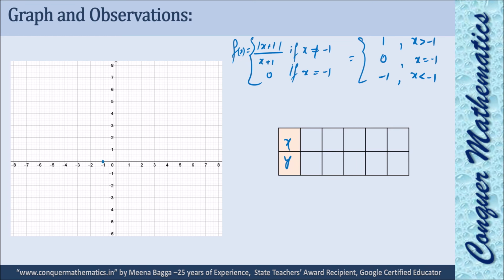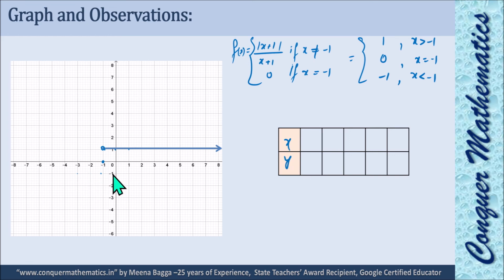At any point right of -1, it will be 1. Here itself 1, here itself 1, here itself 1. That means this will be this arrow. Here we can put an empty circle, and on the left, if we take any point to the left of -1, then the value will be -1, -1.